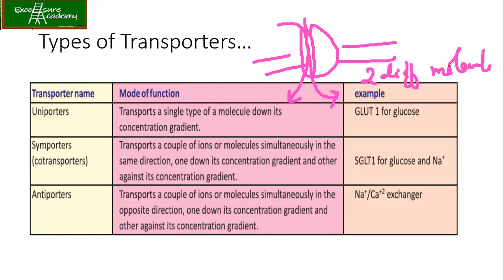There are glucose transporters called SGLT1, in which to absorb the glucose, we also need the action of Na plus. So with one glucose molecule, Na plus will also be transported. It transports a couple of ions or molecules simultaneously in the same direction, one down its concentration gradient and the other against its concentration gradient.